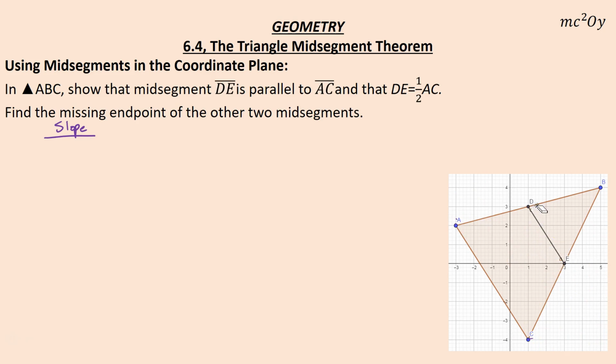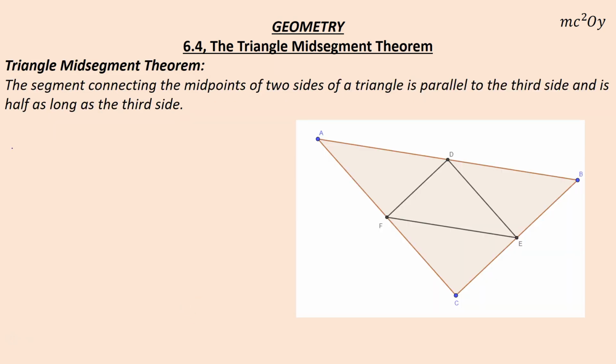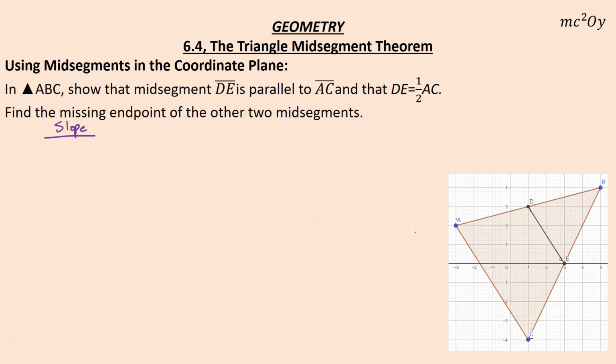You're just looking at rise and run. So if I look at the slope of AC, to go from A to C, we have to go down a grand total of 6, and we go over a grand total of 1, 2, 3, and 4.